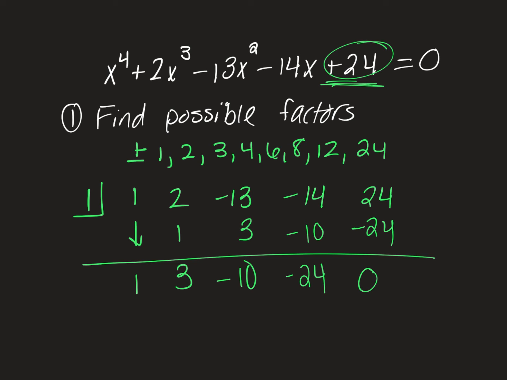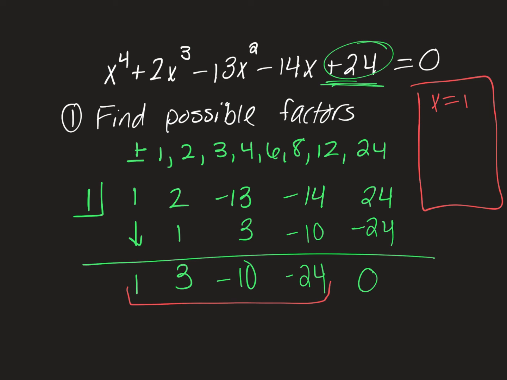All right, so now we know that 1 works. That means x equals 1 is one of our answers. Yes, there are 4. Now, you could go through this list and try them all with this long part, but you can also just do your synthetic division with the numbers you have left from the last one.